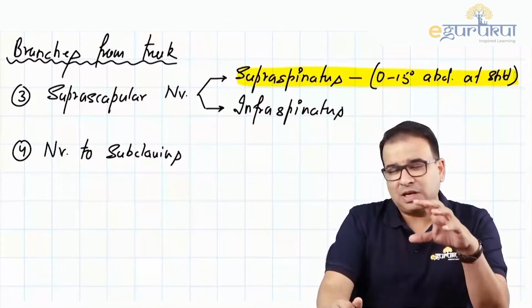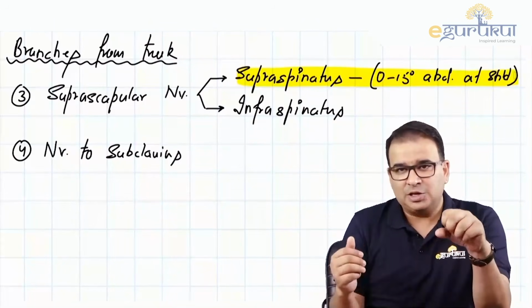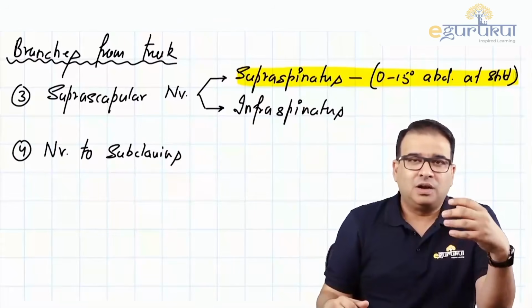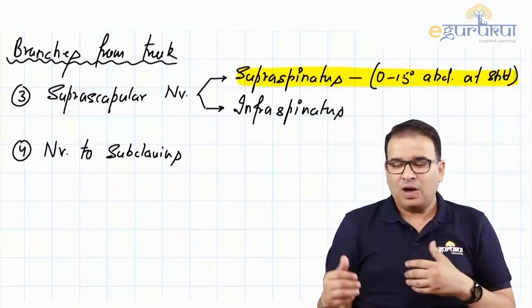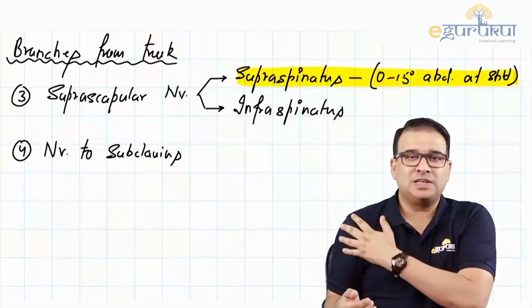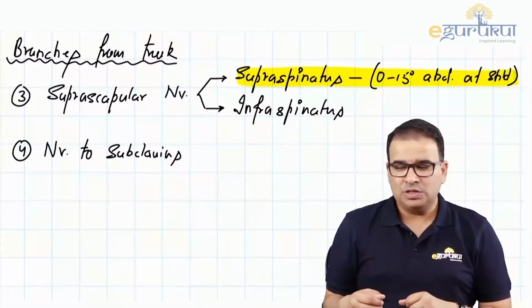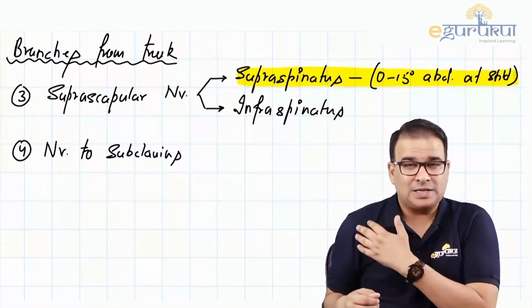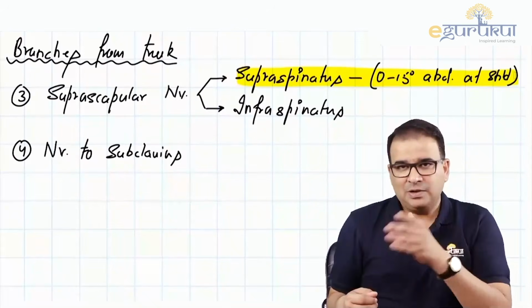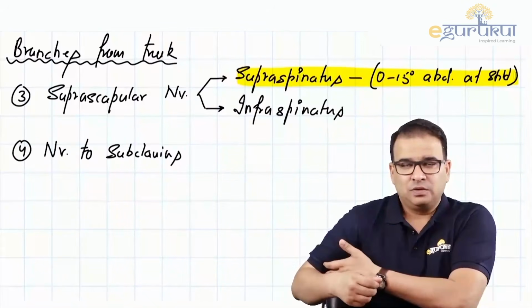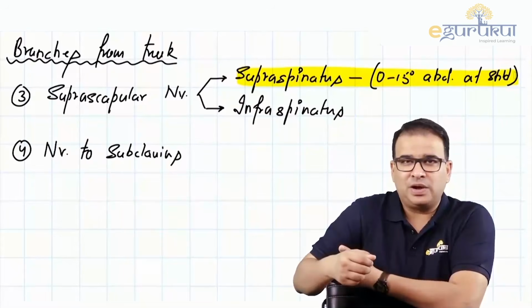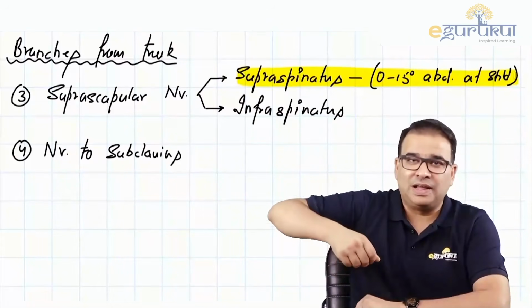And imagine a person comes to you with difficulty in initiation of abduction. What trick movement will they do? Let's say my right supraspinatus muscle is involved and you ask me to abduct the right shoulder. Because I cannot start the abduction movement as my muscle is not working, I will use my other hand to do the abduction for the initial 15-20 degrees, and then my deltoid muscle will take over.